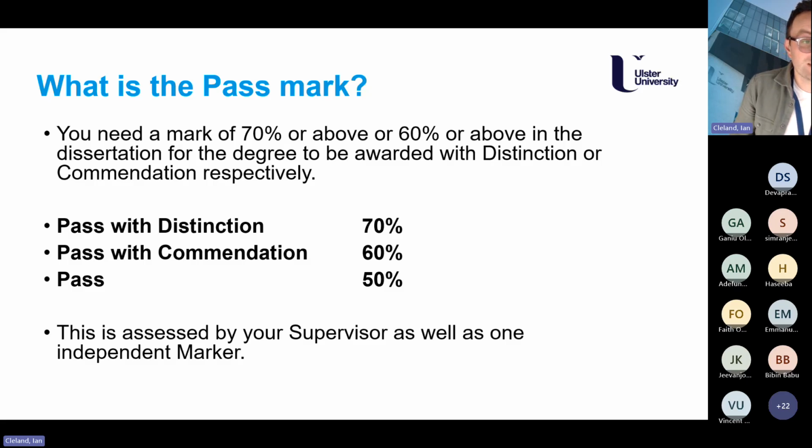What that means is you need to get both a mark of 70 on the project and a total average mark of 70 and above on all of the modules to be able to get the distinction. And the same for commendation: you need a mark of 60 specifically on the project and a total average mark of 60 to get the commendation.